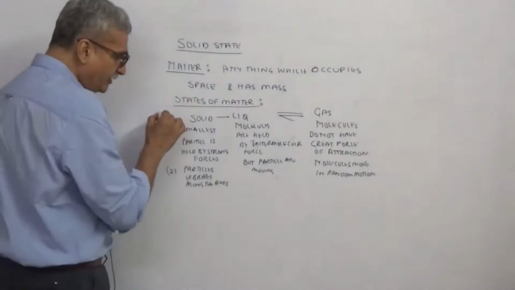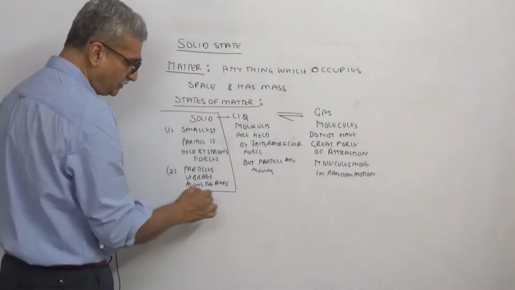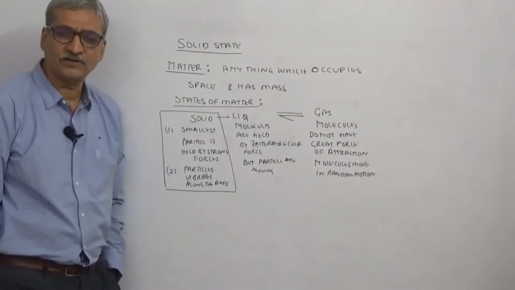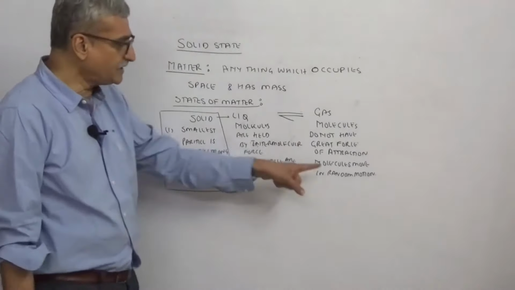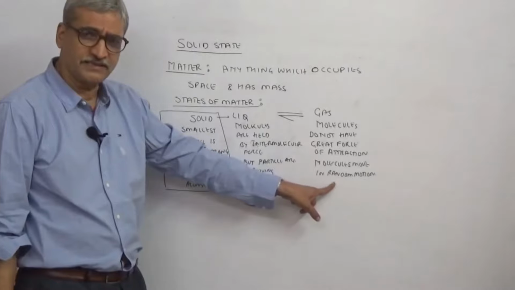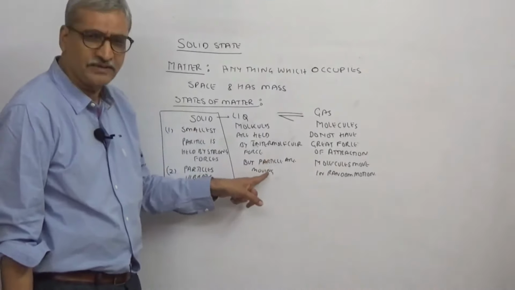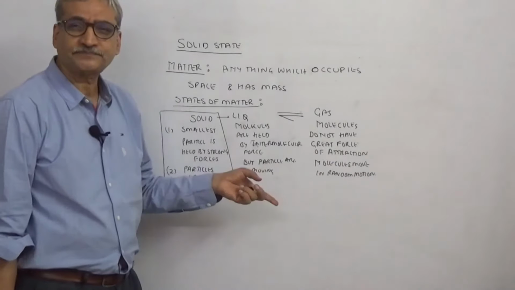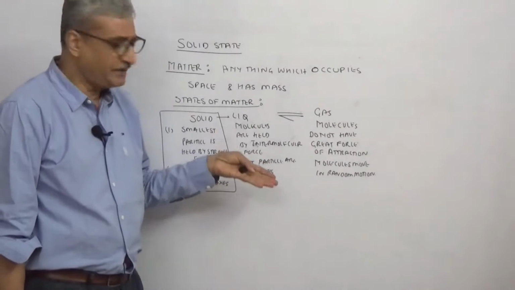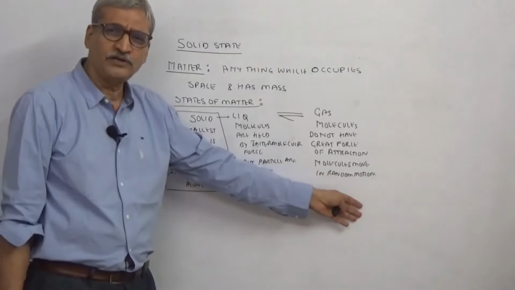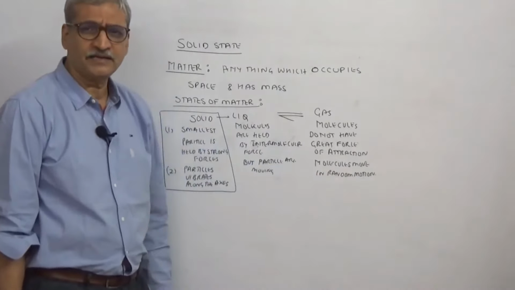So we are going to concentrate this whole chapter on solid state. Gaseous state I have taught in 11th standard. There is not much to discuss on liquid state, only the fact that liquids have a definite volume, solids have a definite volume, and gas has the volume of the container in which it is present.